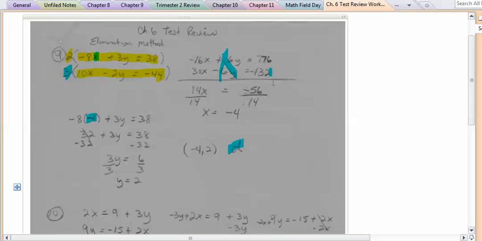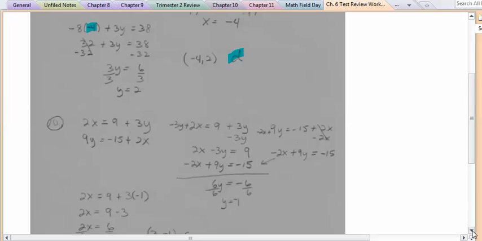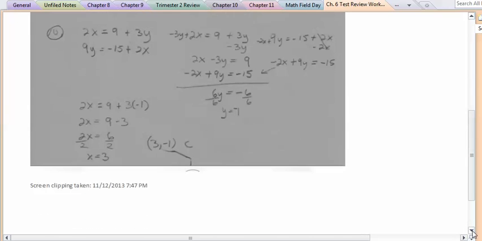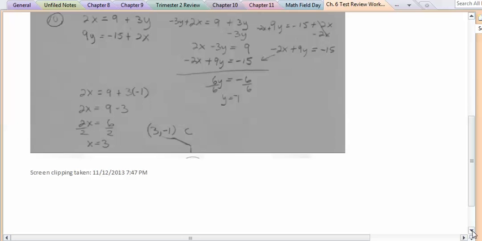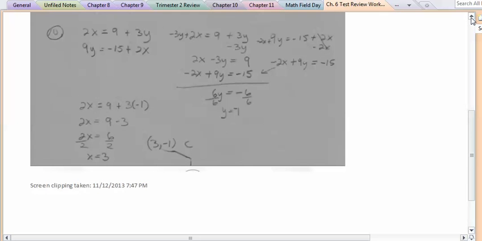Alright. Next one. Number 10, the work there. Okay, so my equation for the problem is, and I'm going to go ahead and highlight the original problem because I'm doing it off of the worksheet. So this is my original problems. Okay, I want to eliminate, but now there's a problem.